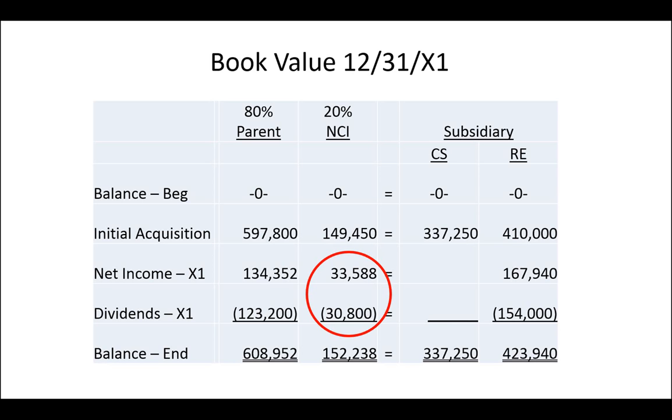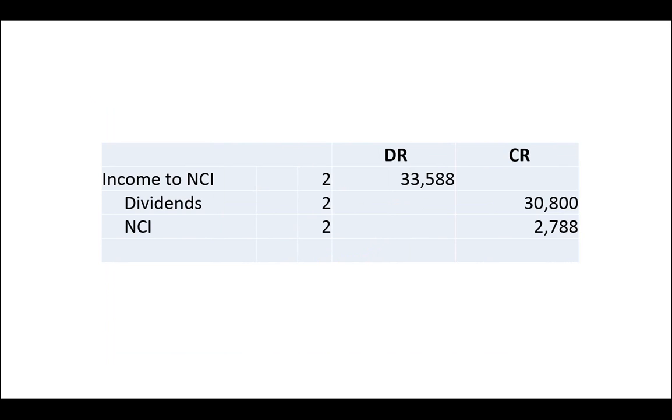So what we have to do is assign 20% of the income to the NCI and 20% of the dividends to the NCI. We're going to establish a new account, income to NCI, $33,588, credit dividends, and credit the NCI equity account for the difference between the two.